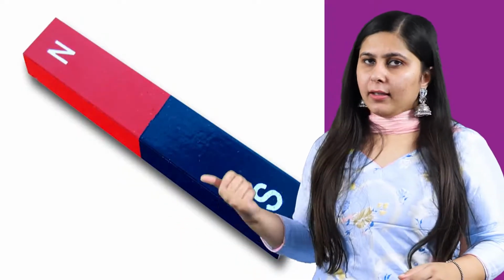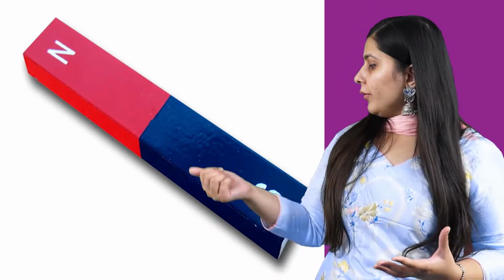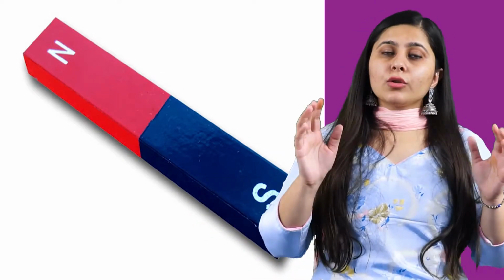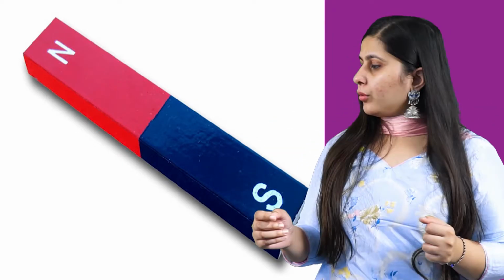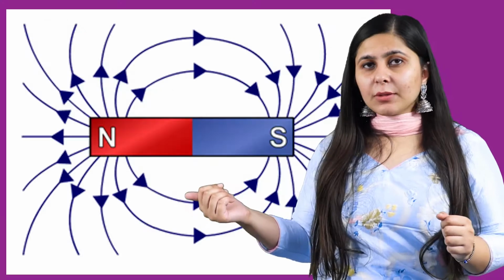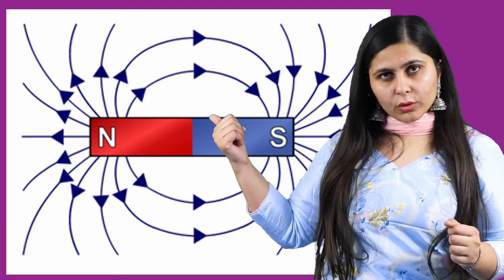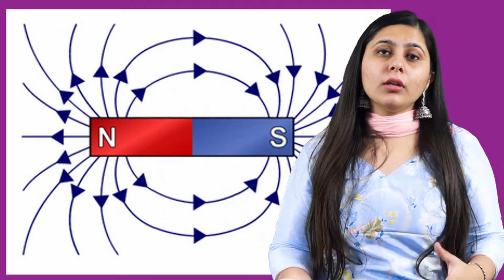So now suppose this magnet is lying, you are seeing it in the diagram, but can you see any magnetic field around it? No, we cannot see any magnetic field around the magnet. So that means we need to draw it, imaginary, or we can draw it on our own. So if you want to draw a magnetic field around a magnet, what you have got to do is that the lines must emerge from the north pole and end at the south pole.